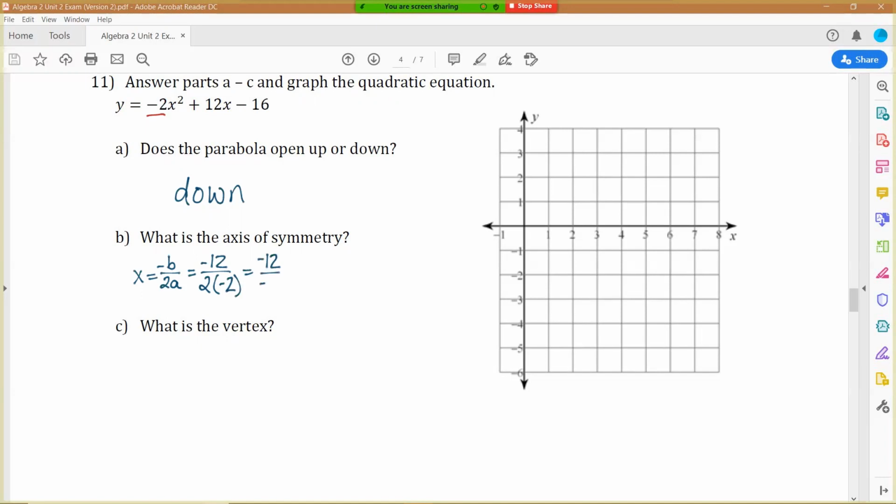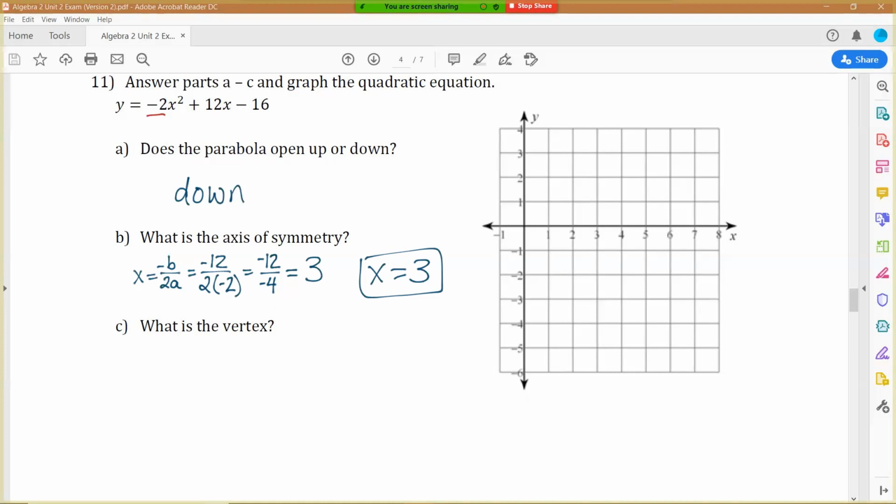So -12 divided by -4 gives us +3. So my axis of symmetry is x equals 3. Remember, your axis of symmetry is the x value of your vertex. So we know that the x value of our vertex is 3.